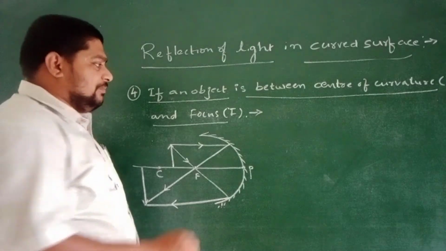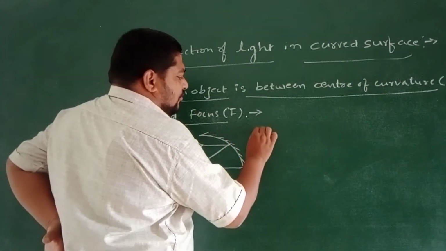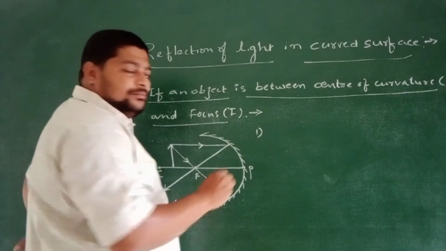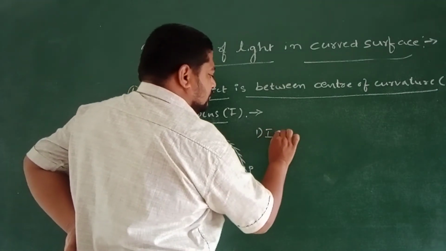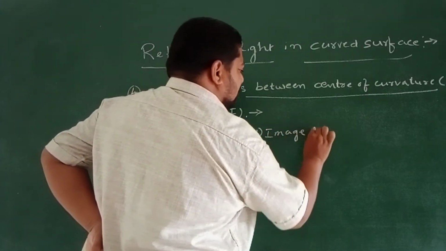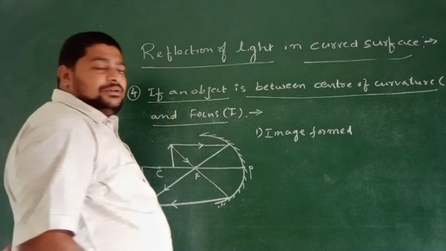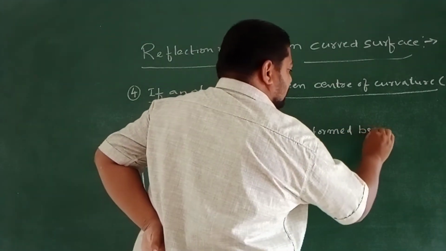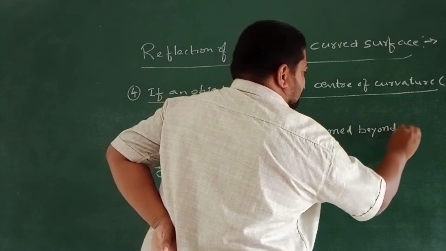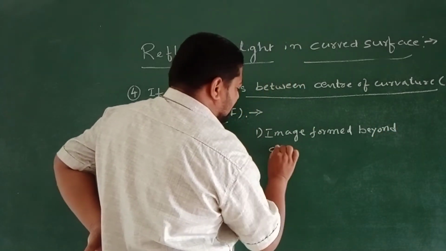Now, what is the nature of the image? First one, the image is formed beyond center of curvature.